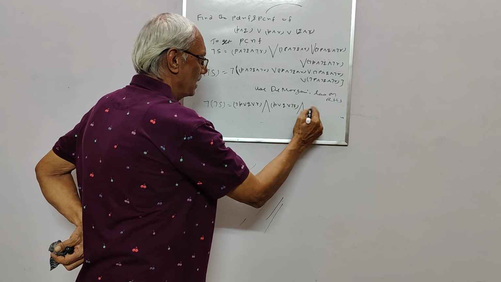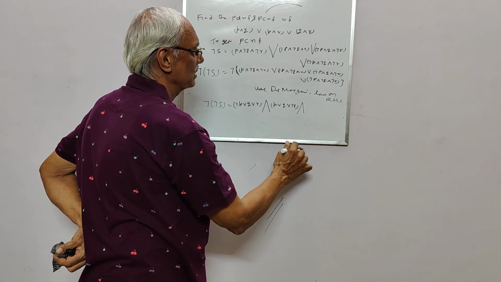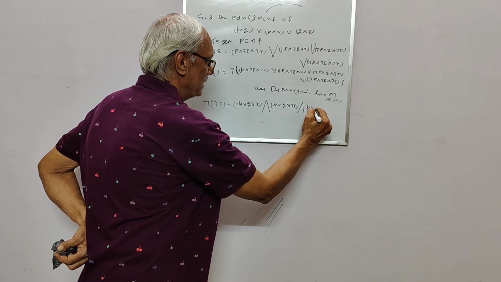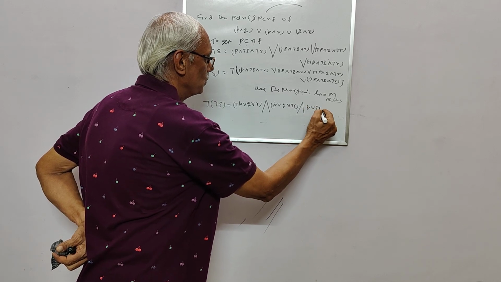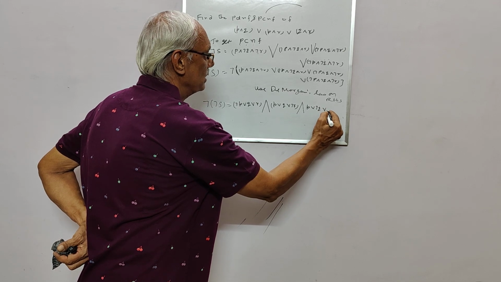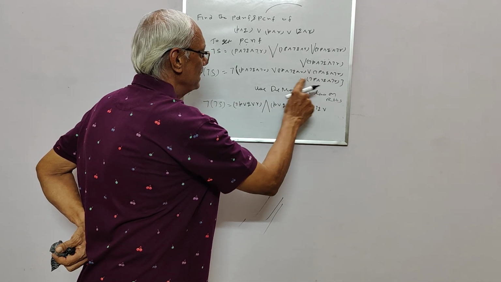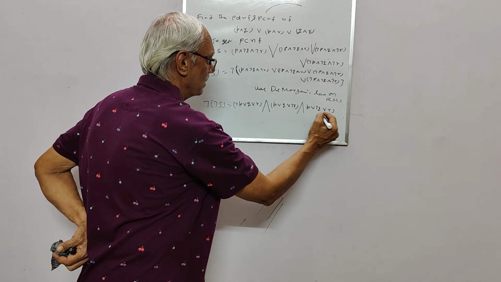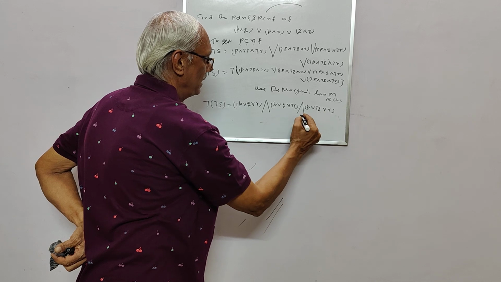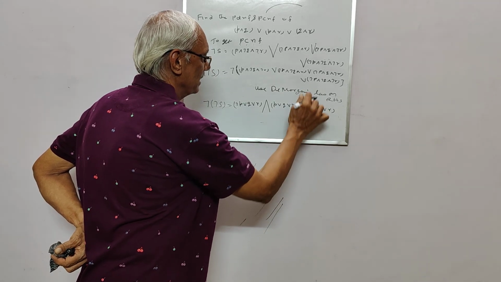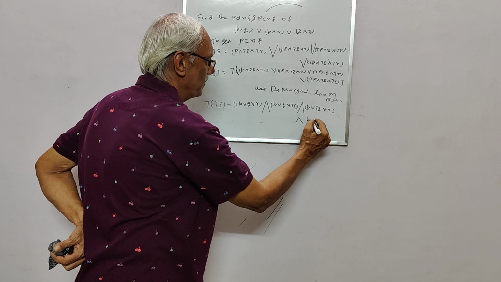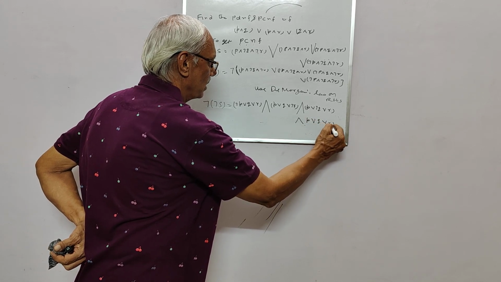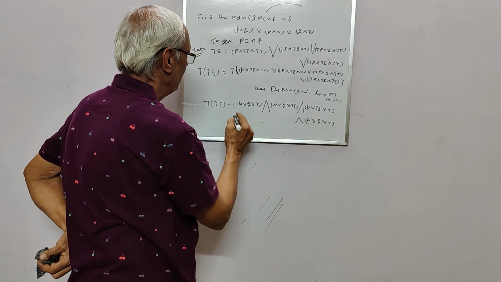Then negation of negation P is P, conjunction, negation Q, conjunction, and negation of negation will be R, and this is again disjunction. The negation of this is P disjunction Q disjunction R. What have I done here?